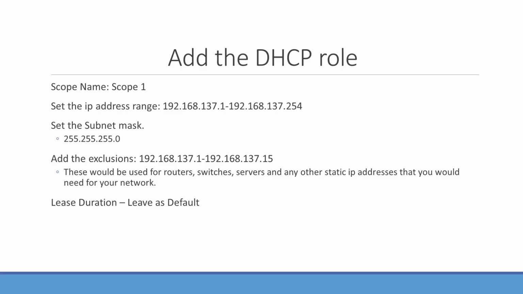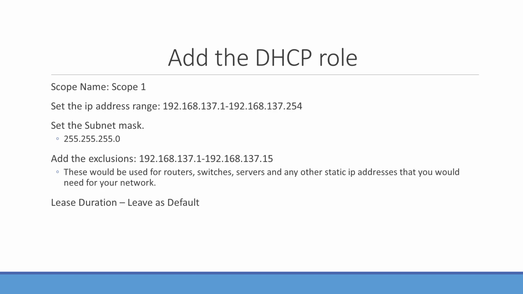Alright, now we're going to add a new scope. We're going to set the IP address range from 192.168.137.1 through 192.168.137.254. The subnet mask is going to be 255.255.255.0. And the exclusions that we're going to add is 192.168.137.1 through 192.168.137.15.